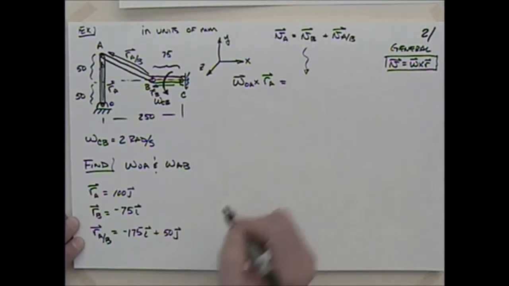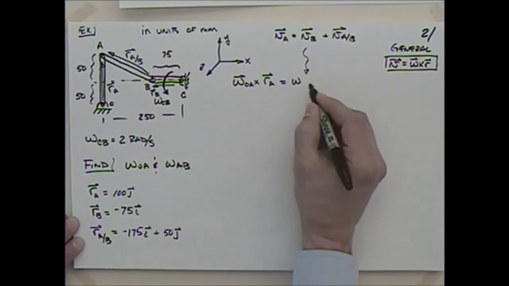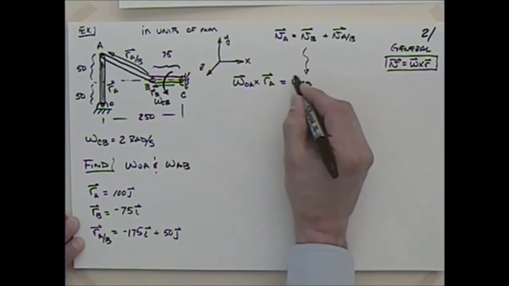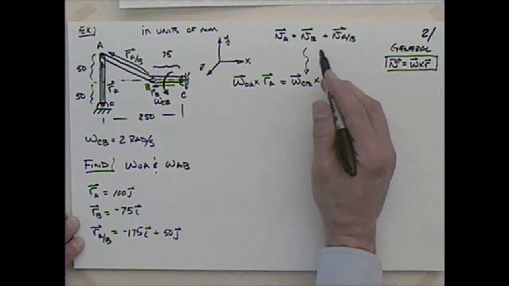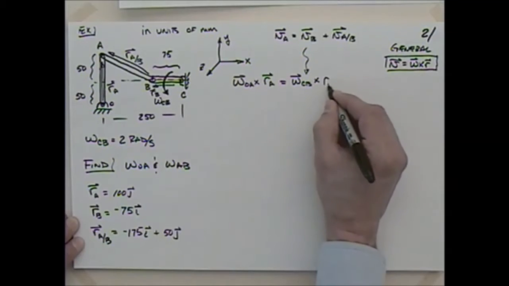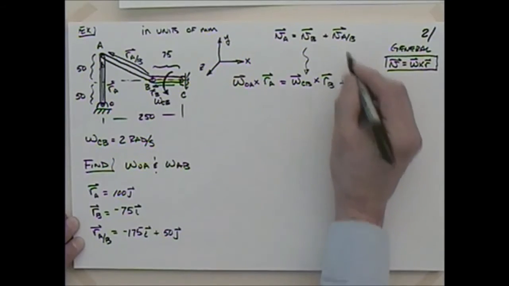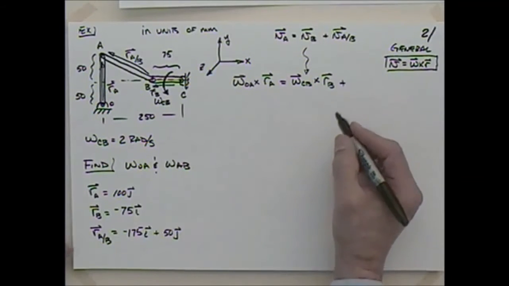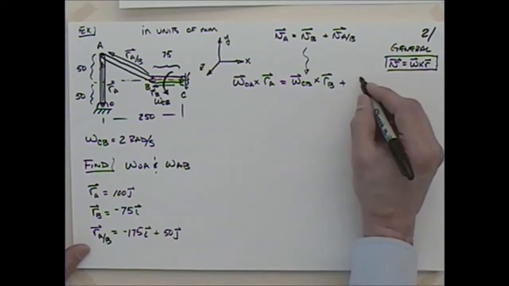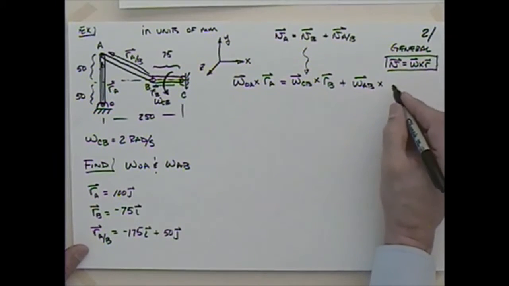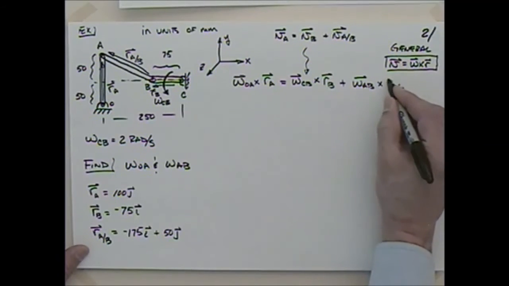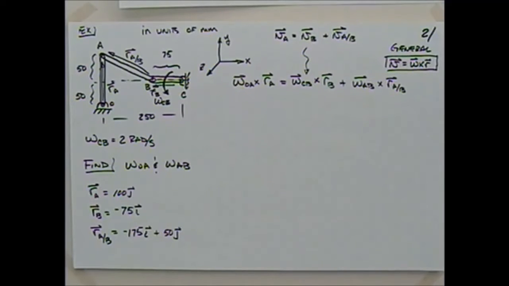And I can set that equal to the velocity of B, which would be omega CB crossed with RB, plus the velocity of A with respect to B. That's going to be omega AB crossed with RAB. So I've got some of those pieces.